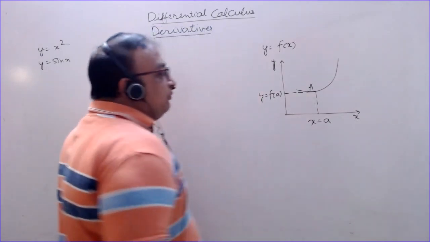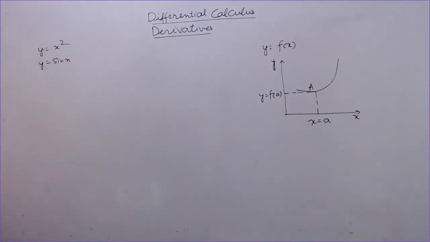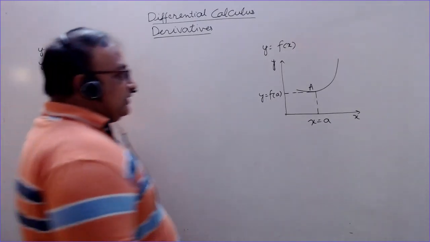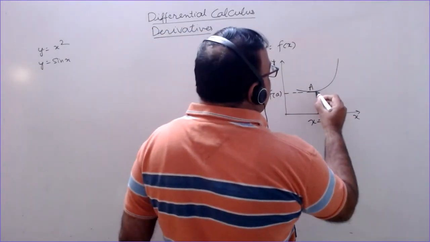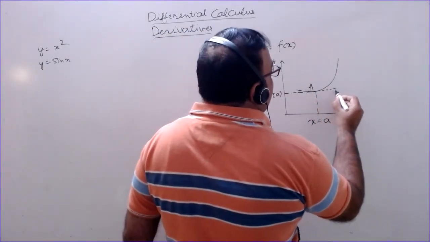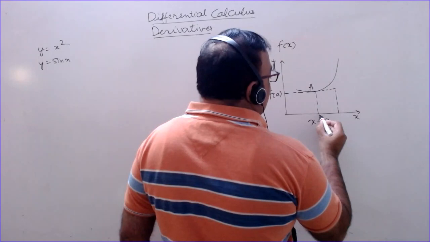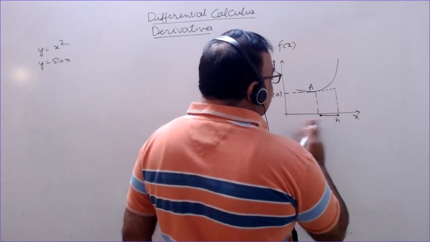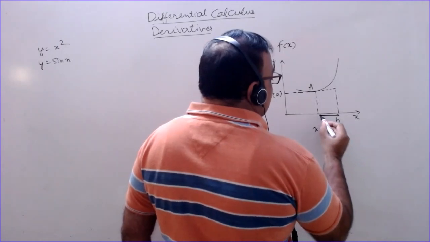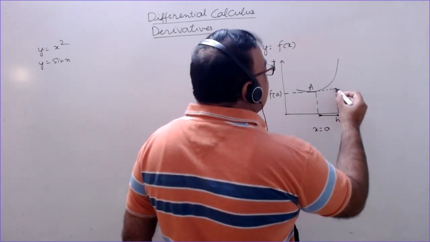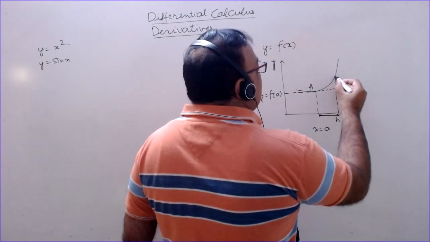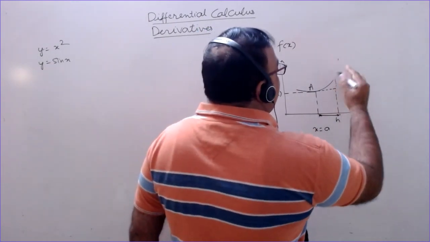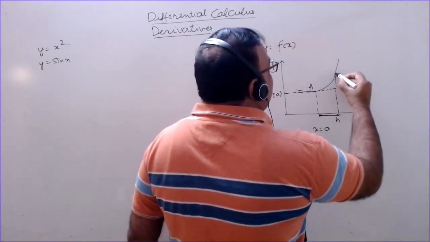If we move along the graph in both directions, x-axis and y-axis, say along the x-axis I move by a certain distance and reach this point. This distance is h. So we can write some values of x and y here.